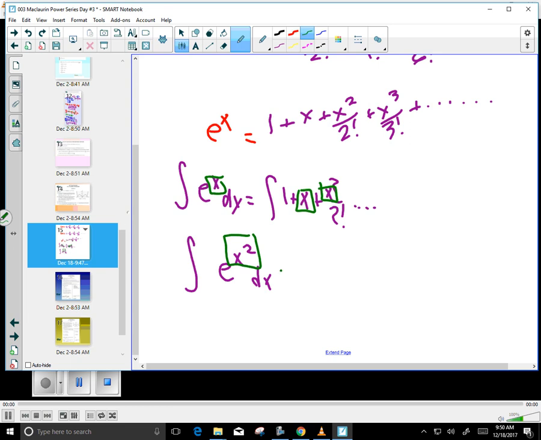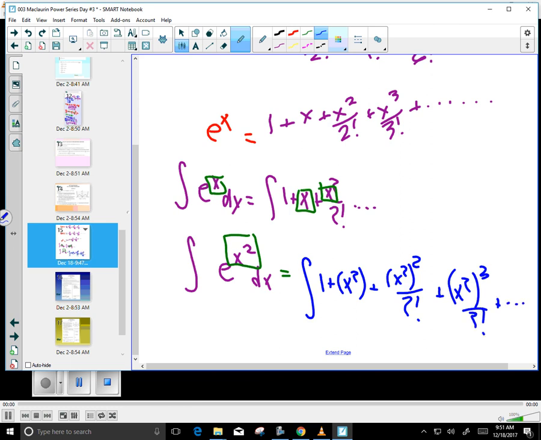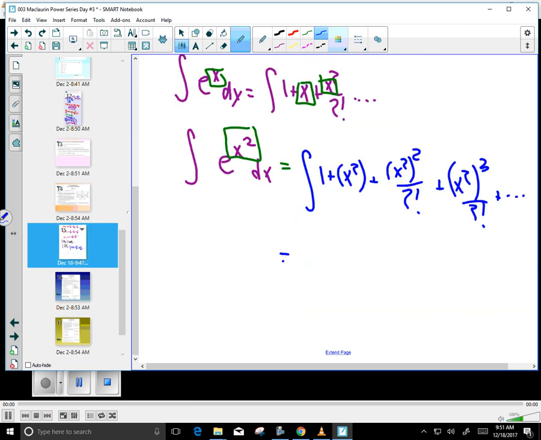This you can replace with, this is very cool, 1 plus x squared plus x squared squared over 2 factorial plus x squared cubed over 3 factorial, and so on. And now you can say this is 1 plus x squared plus x to the 4th over 2 factorial plus x to the 6th over 3 factorial. And you can now integrate that easily.